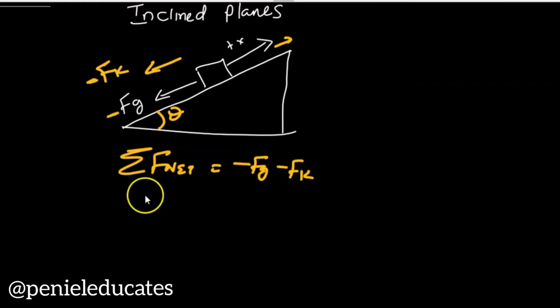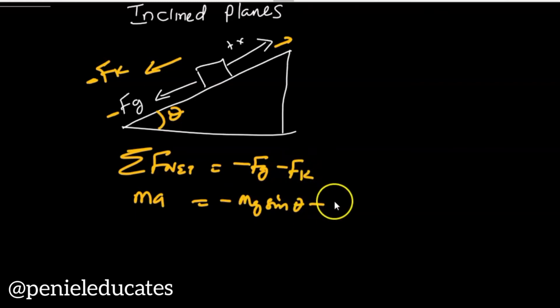So the formula is not going to change really, but the sign is the one that will change. Don't forget, we see how this one is ma, and this one is minus mg sine theta, like we did previously.